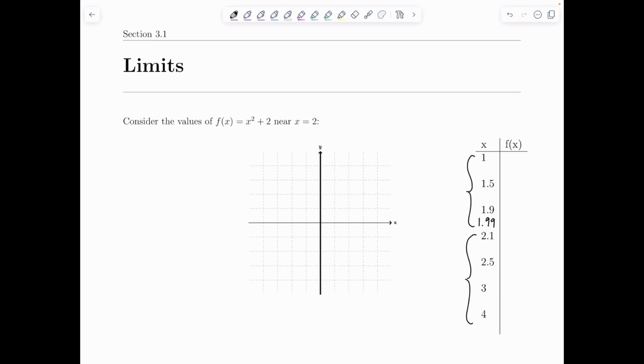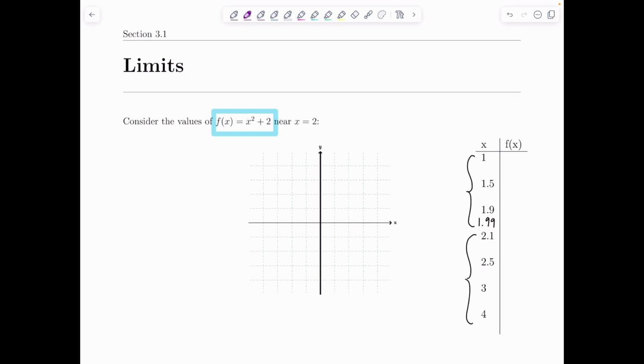Let's see what the y values are if I substitute each of these x values into the function f of x, x squared plus 2. Let's start plugging stuff in.